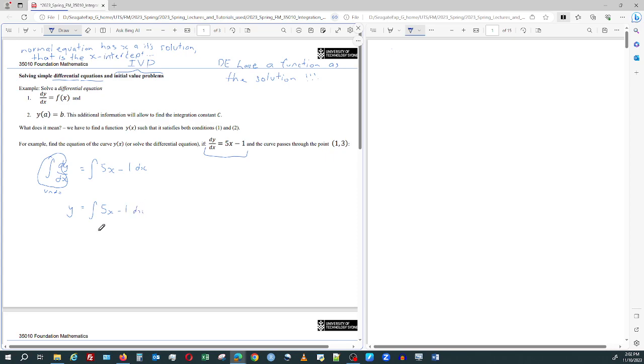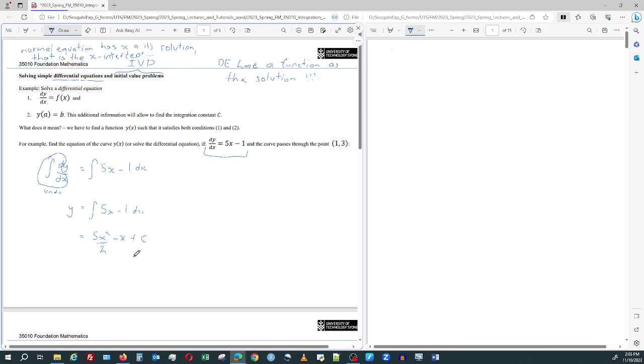So we go up and get 5x squared divided by 2, and the constant becomes minus x, plus c. So this is our general solution.